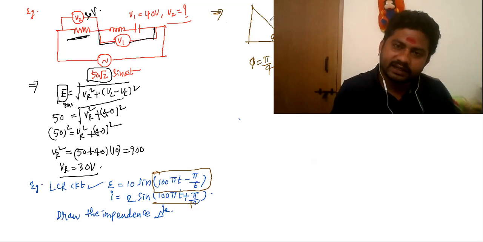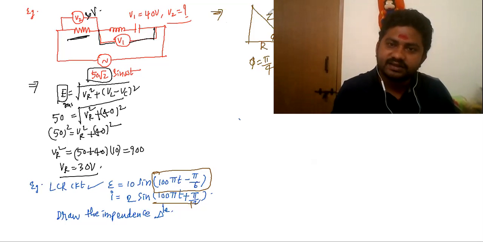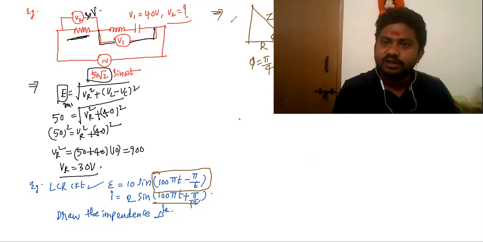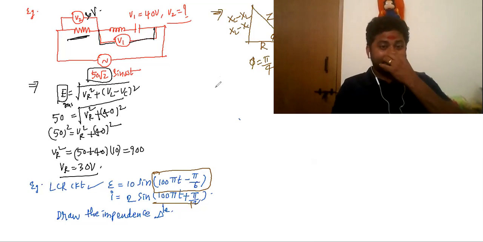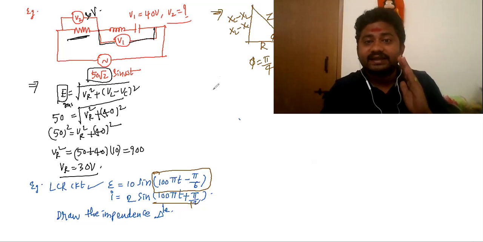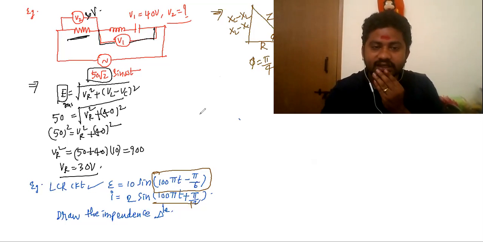In the impedance triangle, this is R and this is Z. My question here is whether it is XC minus XL or XL minus XC. Here you can see the current is leading.